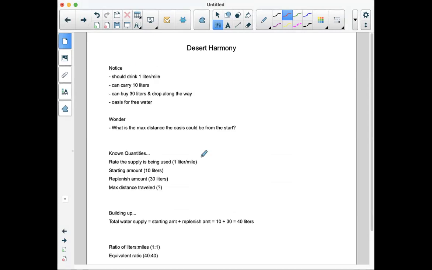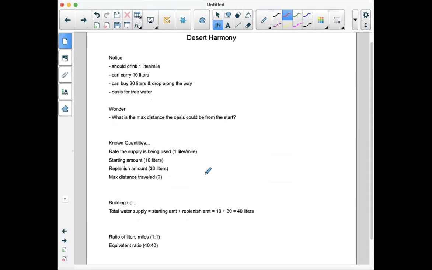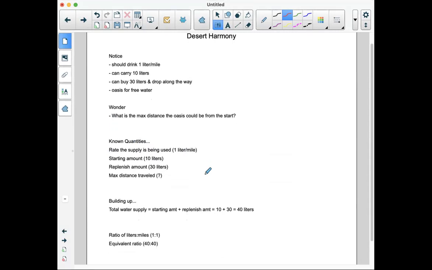The desert harmony problem was the next one I looked at. Again, I started with noticing and wonderings. And then I liked this: the article mentioned, about the strategy, listing the known quantities and having the actual number in parentheses.